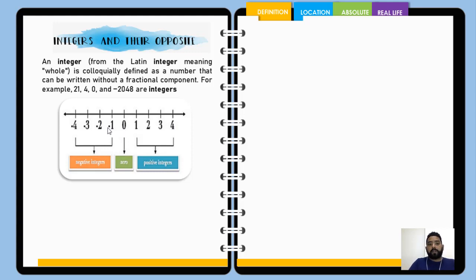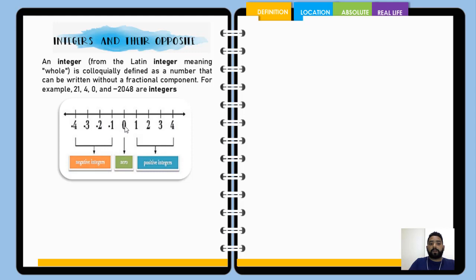If the number is closer to zero, it's greater, but when it's far from zero, it's less. For example, you can see that we have -3 and -2, but -3 is less than -2 because -2 is closer to 0.